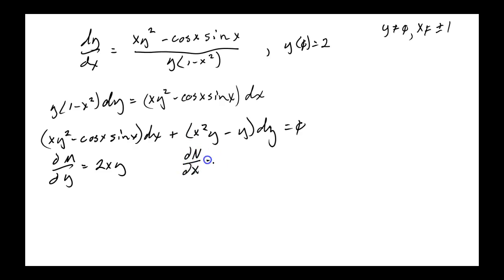The partial of N with respect to x. And what does that give us? 2xy. Done. Yes. Those are equal to each other. You know this is an exact differential. We verified it is an exact differential.